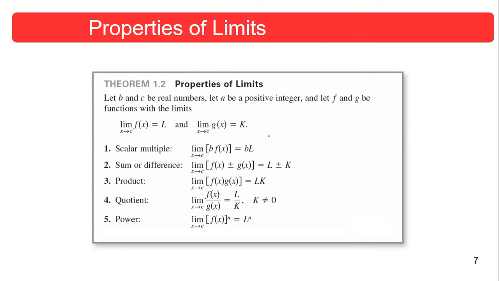This might look like, if we were taking the limit as x approaches 2 of 2x squared. That's the same as 2 times the limit as x approaches 2 of x squared, right? It seems simple, but that's what it's doing. We could do direct substitution and then multiply by 2 at the end.